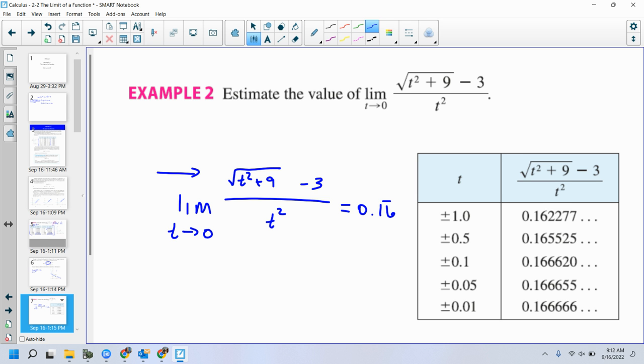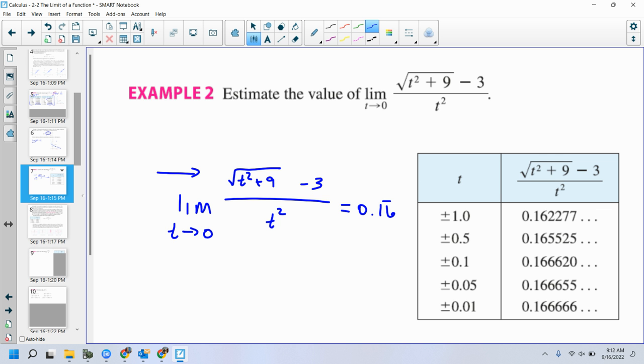All we know how to do is plug and chug and say, I think it's going to go here. My calculations are telling me it's going to go here, but we don't know for sure. And mathematicians hate that we don't know for sure. So what we're going to be doing in the next couple sections is figuring it out. We'll look at this problem again and evaluate it in a cleaner way.